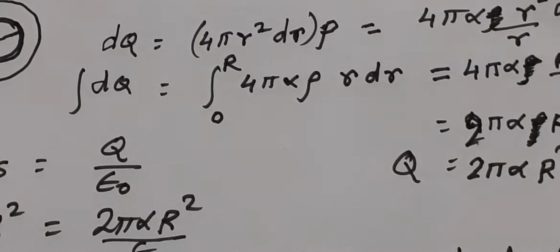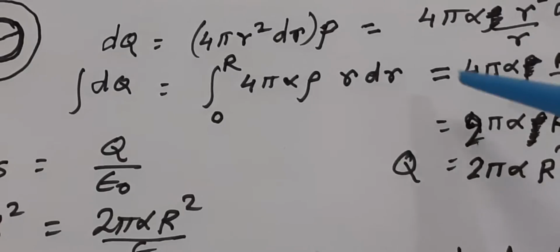For charge dq we can write 4 pi r square dr, that is the volume of a small segmental shell. Multiplying by density gives the mass of that shell, and rho is given as alpha by r.